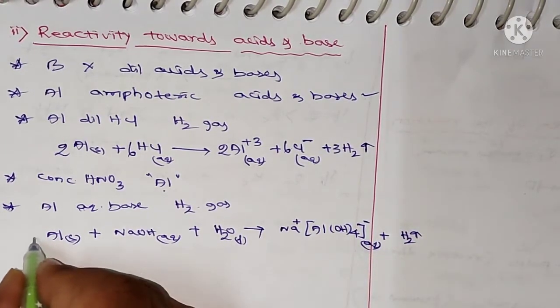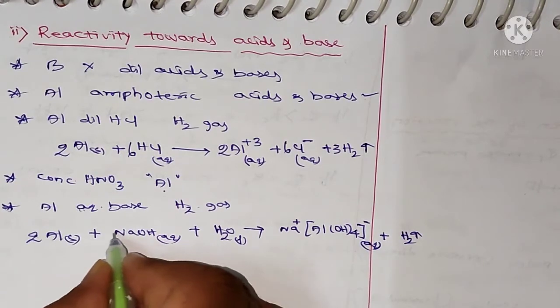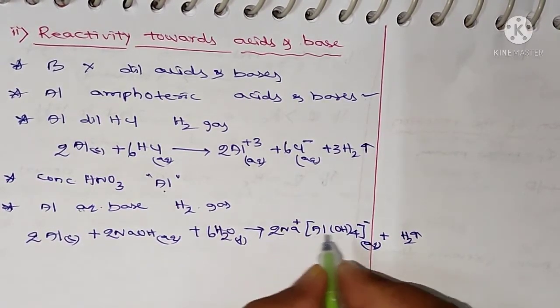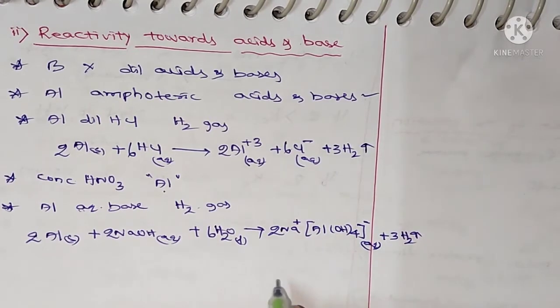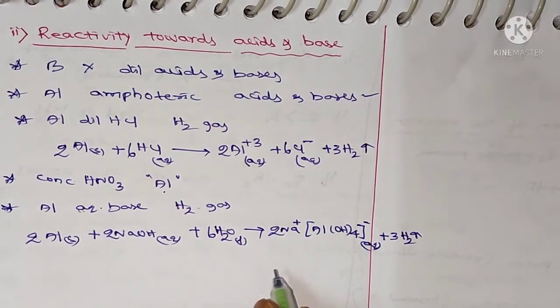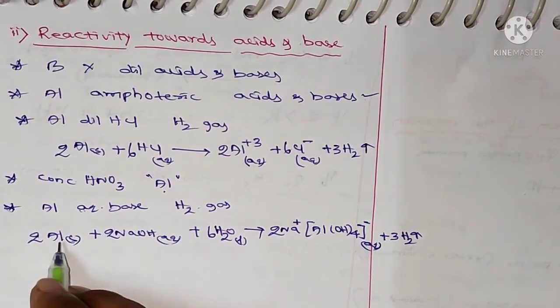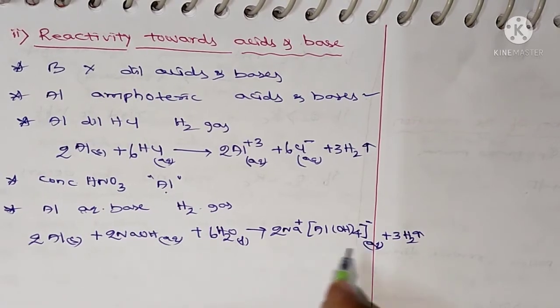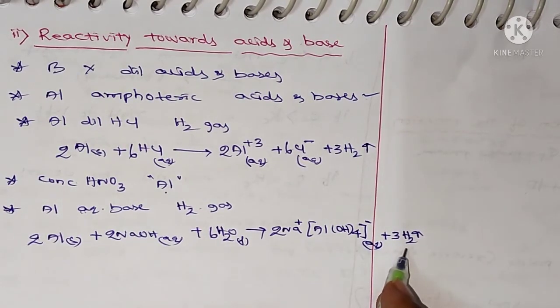Balance the equation: here 2, 2, 6, 2 and here 3. Now it is a balanced equation. So aluminium reacts with aqueous base and liberates H2 gas.